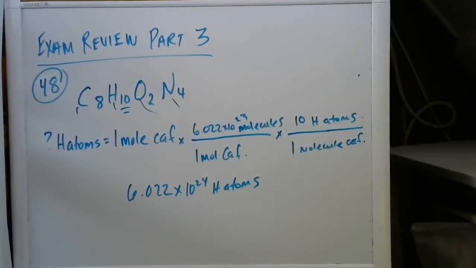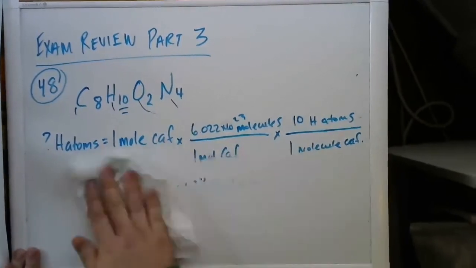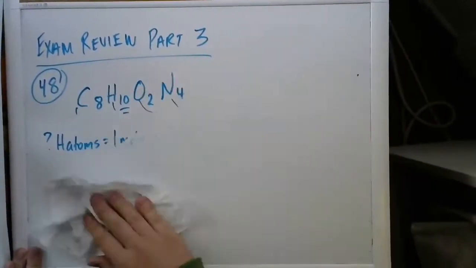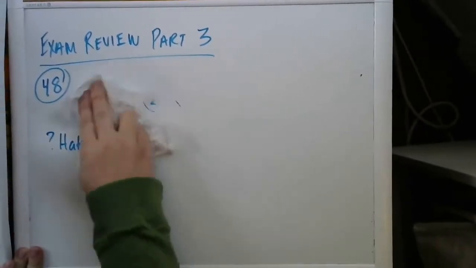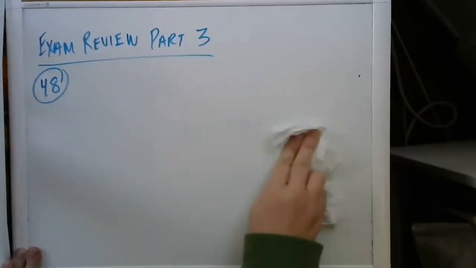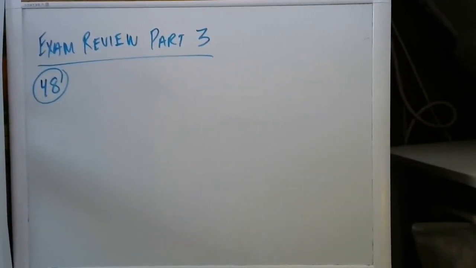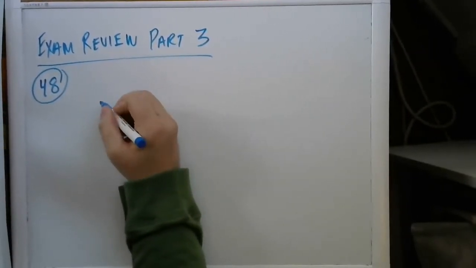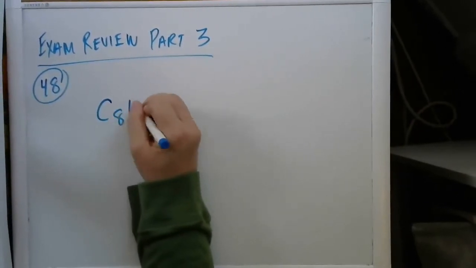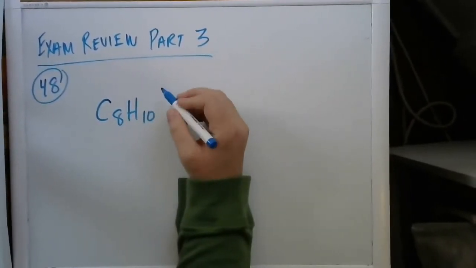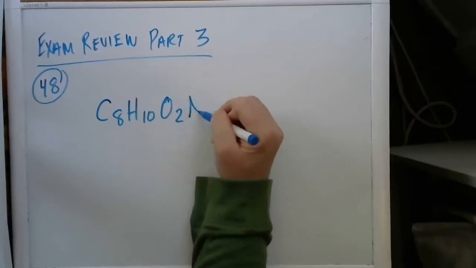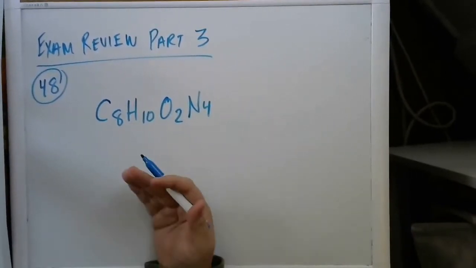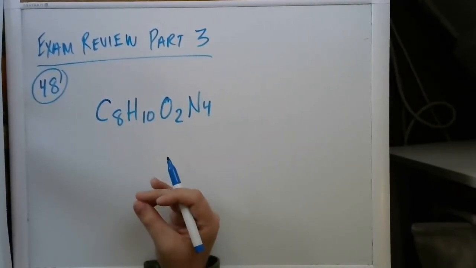Okay, so now let's look back at choice B, the one I very suspiciously skipped over. I should never erase that formula. So this says the empirical formula for caffeine is C8H10O2N4. Remember that the empirical formula is the simplest formula, okay?